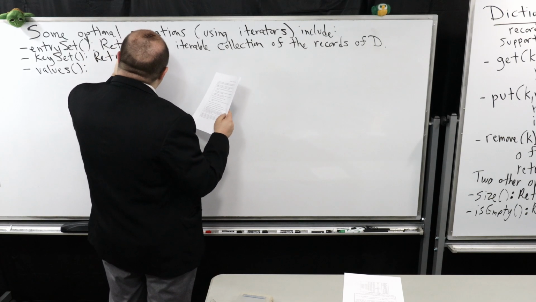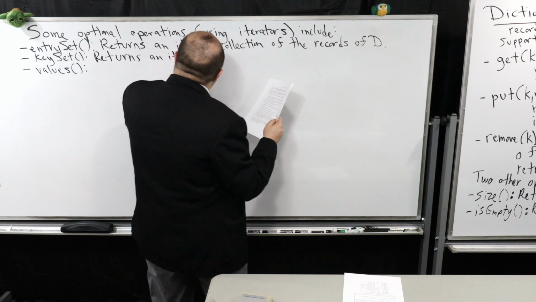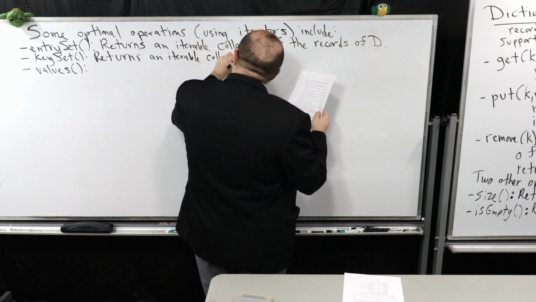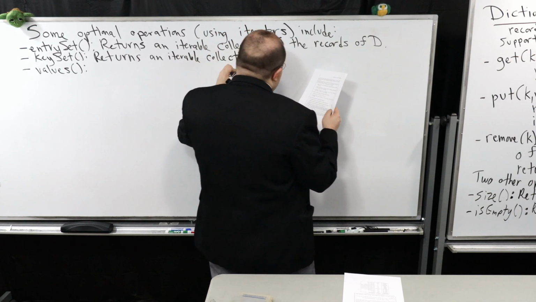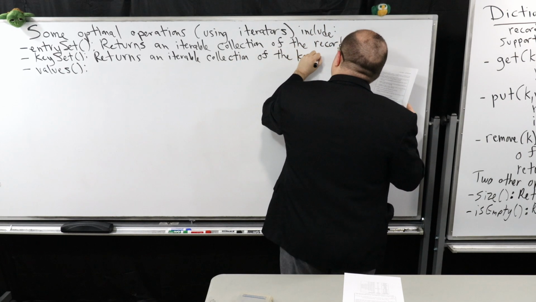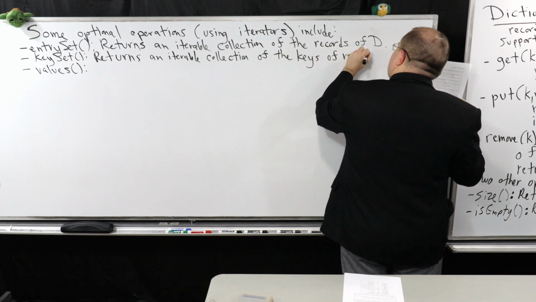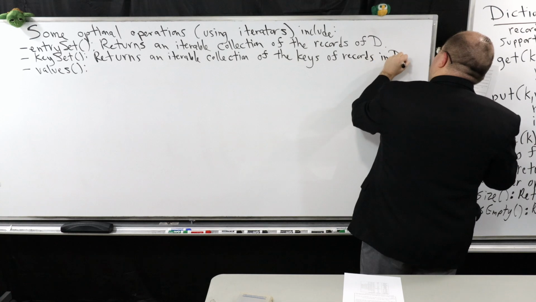It returns an iterable collection of the keys of records in D.